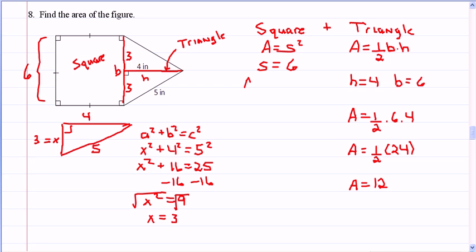Each side is equal to 6, so the area is 6 squared, which is equal to 36.